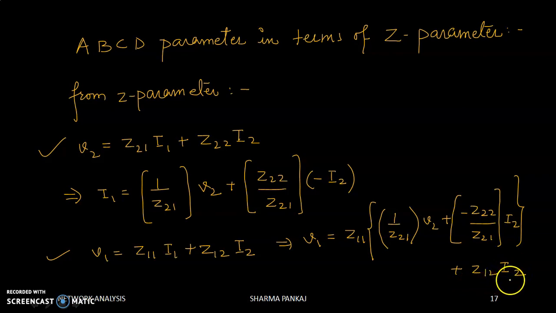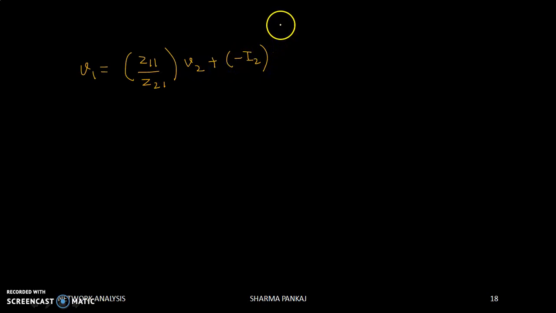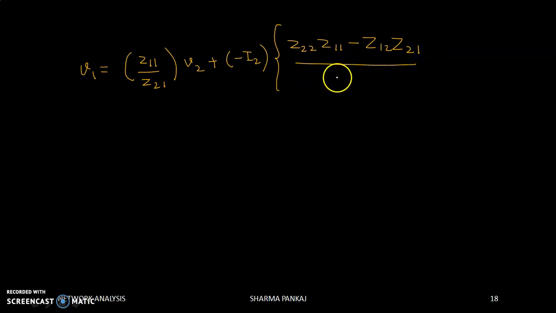This will give you V1 is equal to Z11 upon Z21 into V2 plus minus I2 into Z11 Z22 minus Z12 Z21, divided by Z21.